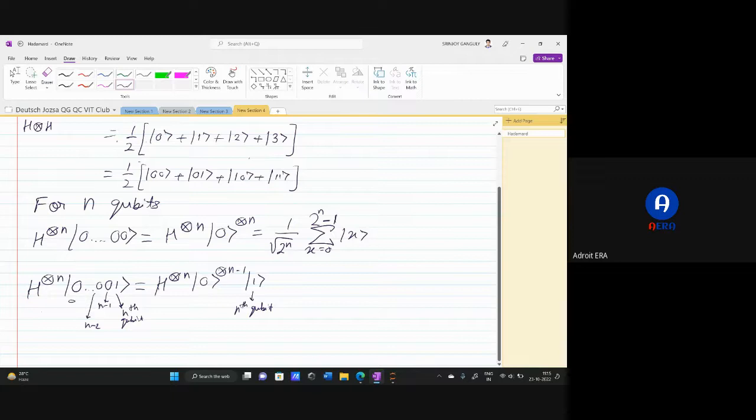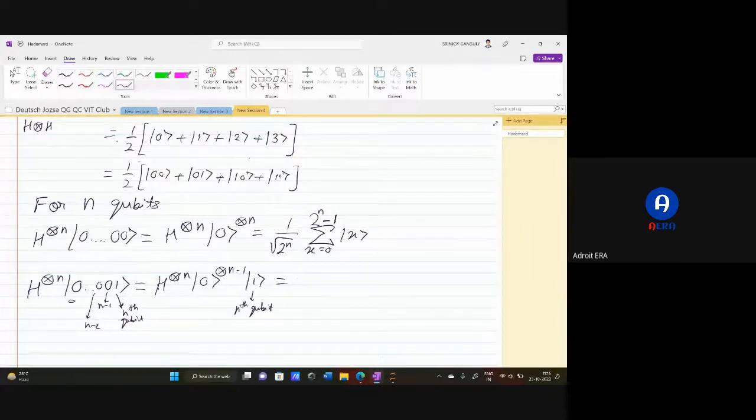So 0, 1, 2, 3, up to n, where the nth qubit, the last qubit, is 1, and then n minus 1, n minus 2, if you go backward, basically. And again, this expression is very similar to what we saw for Hadamard applied to two qubits, where the last state was ket 1, first state was ket 0.